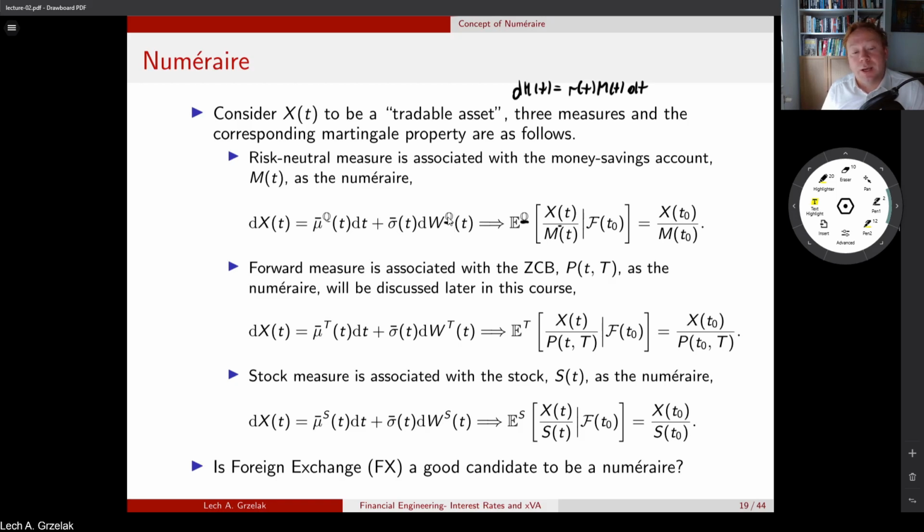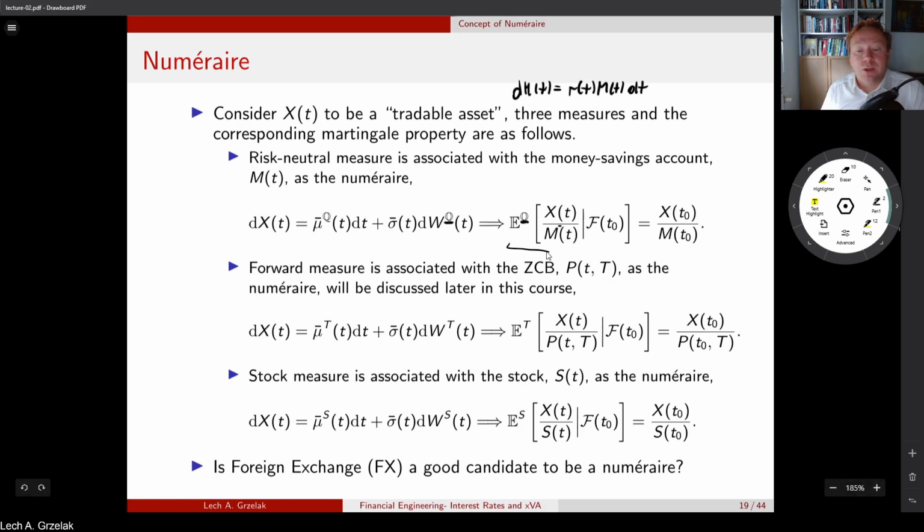It also indicates which quantities in this world are martingales. If you see Q, this is associated with the money savings account, which means that every asset in that world divided by the money savings account M(t) has to be a martingale. So the expectation of X(T) over M(T) is equal to X(t0) over M(t0).